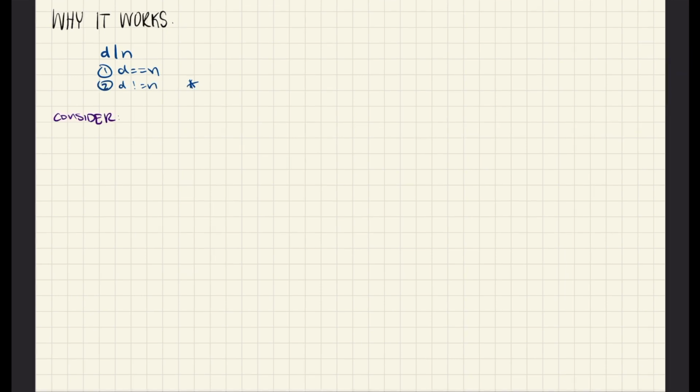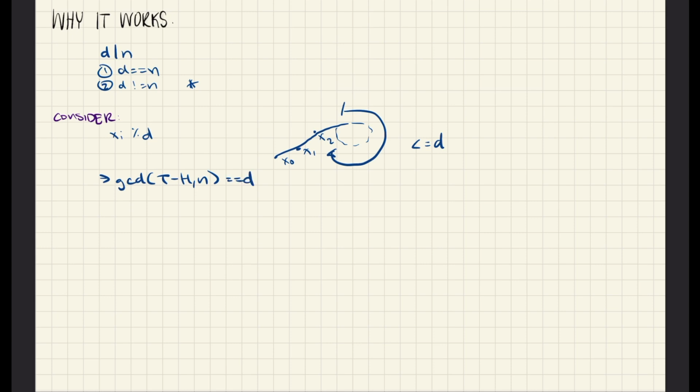Say we take the same sequence x_i and now mod it by d. This means that our original cycle has only d possibilities to take on, and so the max length of the cycle here would be less than or equal to d. Now let's look at the stop condition. The greatest common divisor of t minus h and n is equal to d.